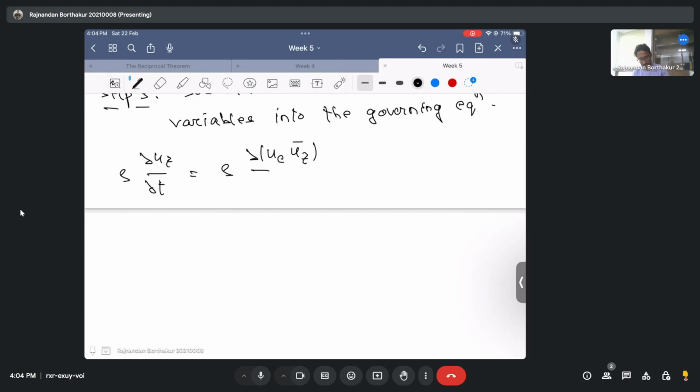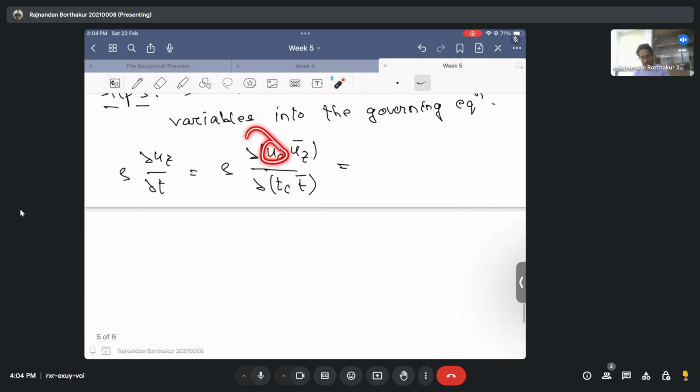By the same thing for time, I can write it as tc times t bar. But these characteristic variables are mere constants, which means they will just come out of the differentials, and this would be rho times uc by tc times del uz bar by del t bar.